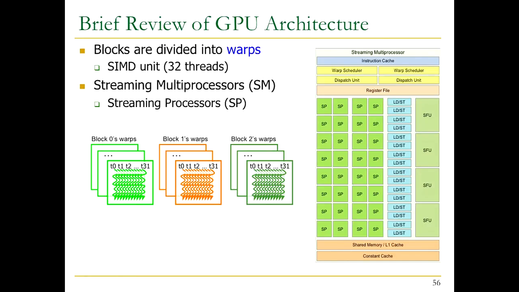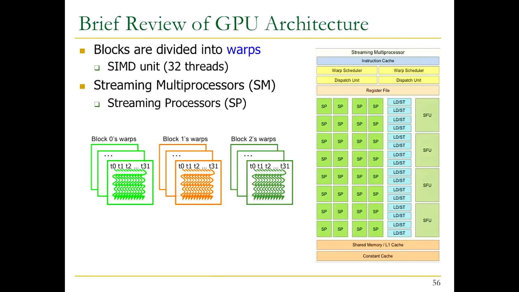How do we connect the programming model, the threads and the thread blocks, to the hardware? It's as simple as dividing the thread block into warps. Remember in the beginning I asked, do you know what are going to be the typical thread block sizes? And I told you it's going to be a multiple of 32. Why a multiple of 32?